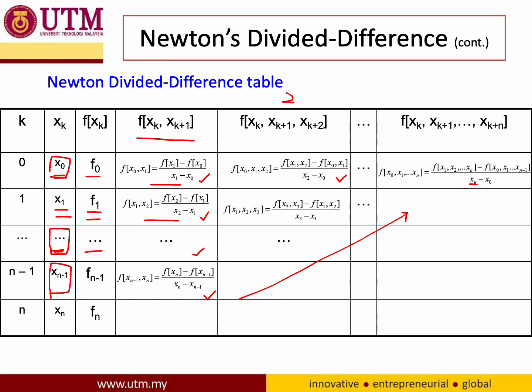Basically, the more columns you have, the denominator starts at that x minus x0. This one is x1 minus x0, because this is the first. The second column is x2 minus x0, then x3 minus x0, x4 minus x0, and so on. That's how we calculate the Newton divided difference.